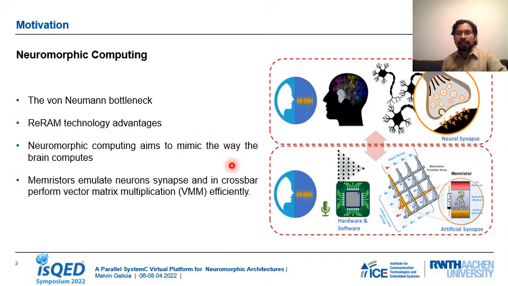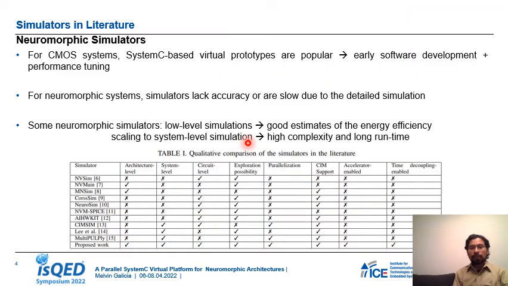In this case, memory stores can emulate the synapses in our neurons, and when arranged in a crossbar structure, they are very efficient at performing vector-matrix multiplications, which are the main operations used in machine learning algorithms.